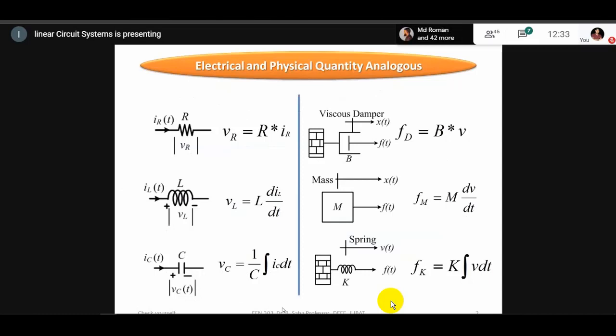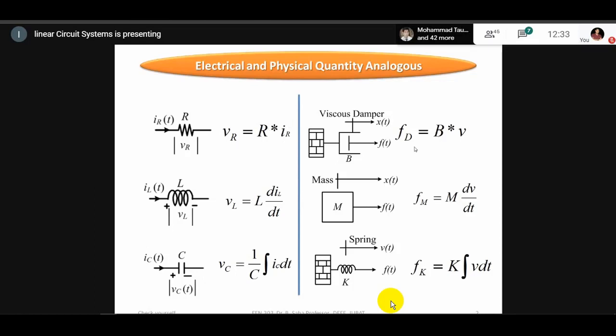In this second slide, it is found that the circuit elements, their equivalency, and their voltage and force relationship. From this slide, you can understand that resistive voltage drop equals resistance multiplied with the flowing current, right?